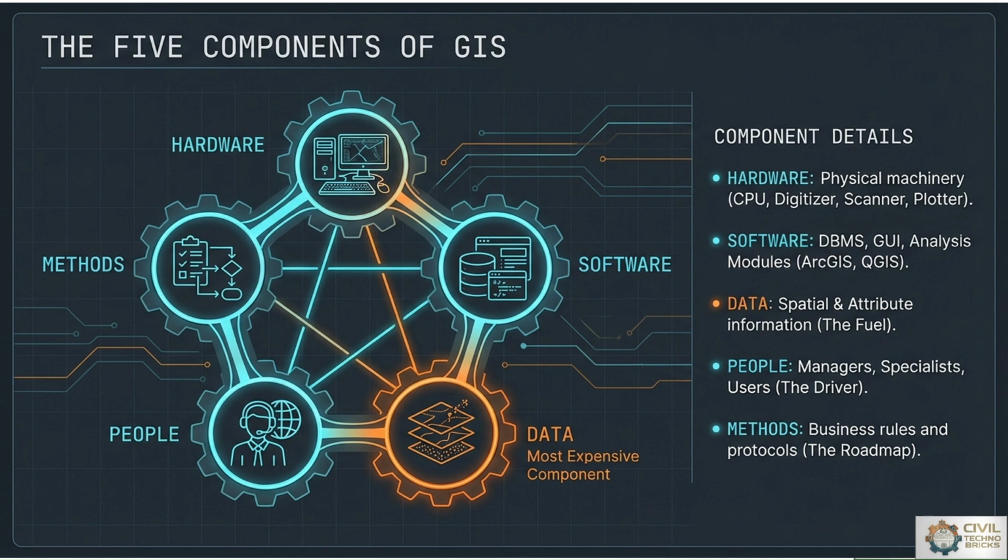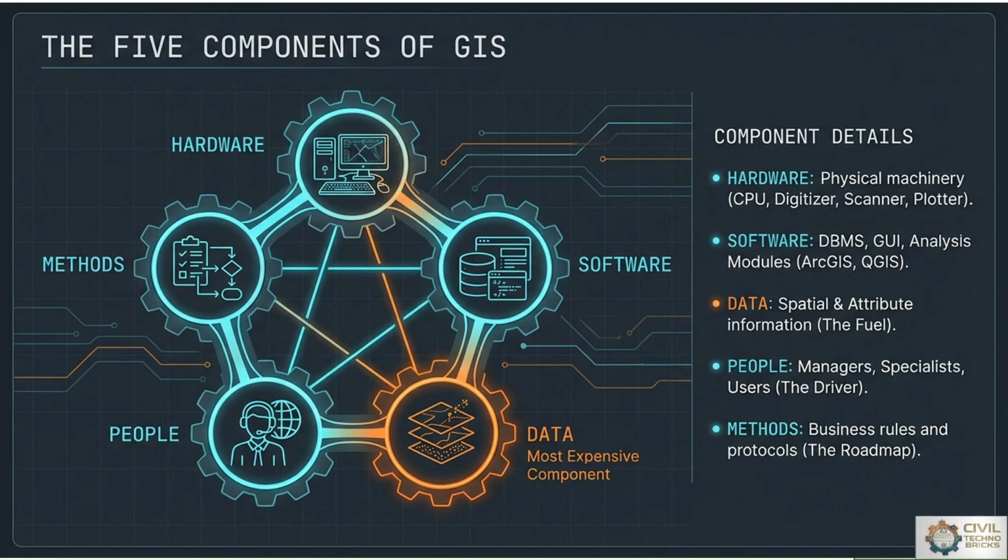Software provides the tools and functions needed to store, analyze and display geographic information, with industry leaders like ArcGIS, ArcPro, ESRI, QGIS, open source ArcGIS, open source QGIS, etc. Many more software are in the market. From the civil engineering point of view, or for any civil engineering firm, choosing the right hardware and software is most important and essential for ensuring that large scale project files can be handled efficiently without any lag or lapse.